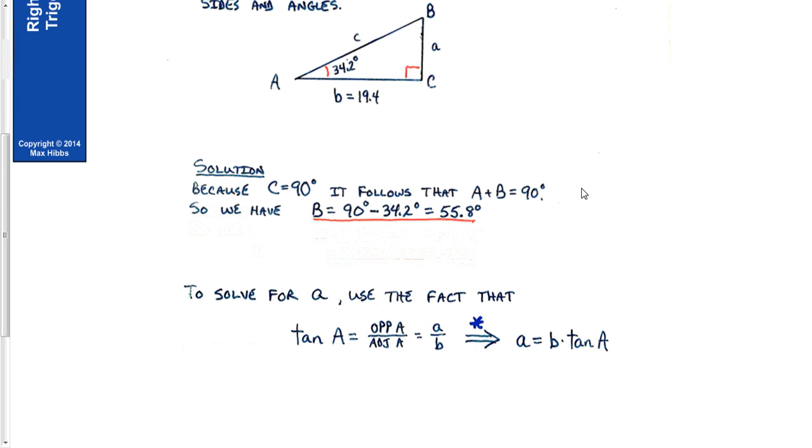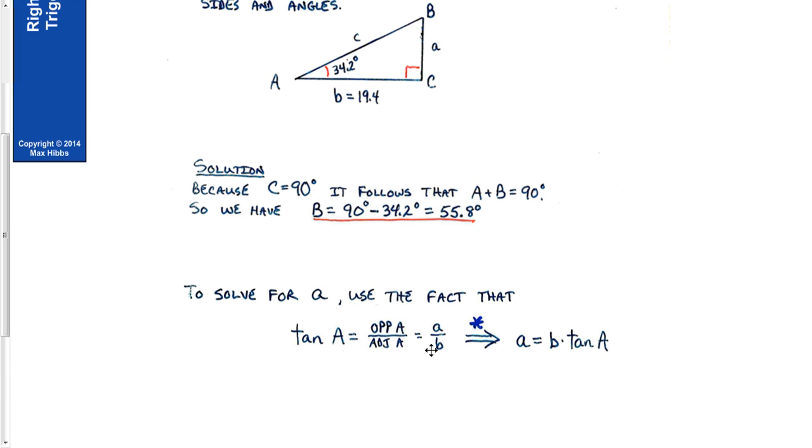So that's the reason I've made this decision, that I'm going to use the formula that the tangent of A is equal to the side opposite of A divided by the side adjacent to angle A, which is A over B. I know angle A and I know side B, and so this is going to be useful.